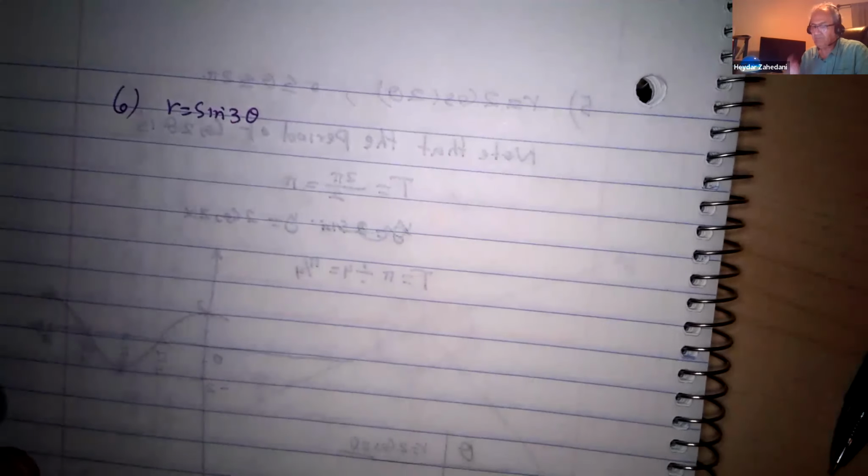Let's see for number 6. Suppose you have r equal to the sine of 3 theta. Again, if you want to do it in the xy coordinates, it's important for you to know the crucial numbers that you are going to pick to get this one true.